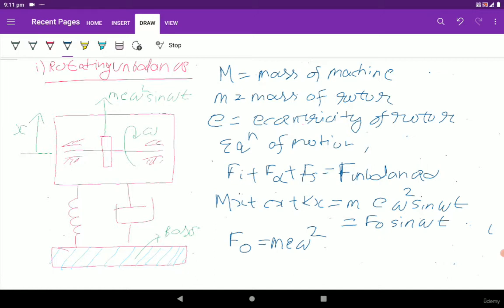So we know that the dynamic amplitude is equal to f naught by k divided by, let me erase this thing first.